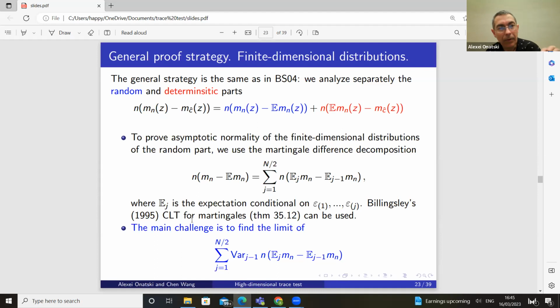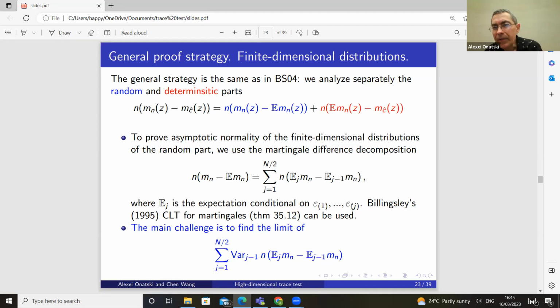The strategy is simple. First, you want to analyze fluctuations of this object. So you split this object into one part, which is just M minus its mean, and the other, which is a deterministic object: the mean of M minus this centering M. So the first step is to split this object into a stochastic part with mean 0 and a deterministic part. And I will be analyzing these separately. So this is analyzed as follows.